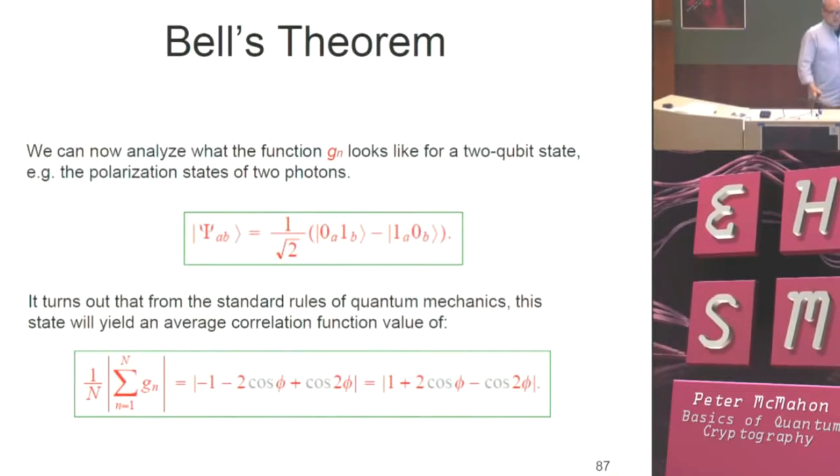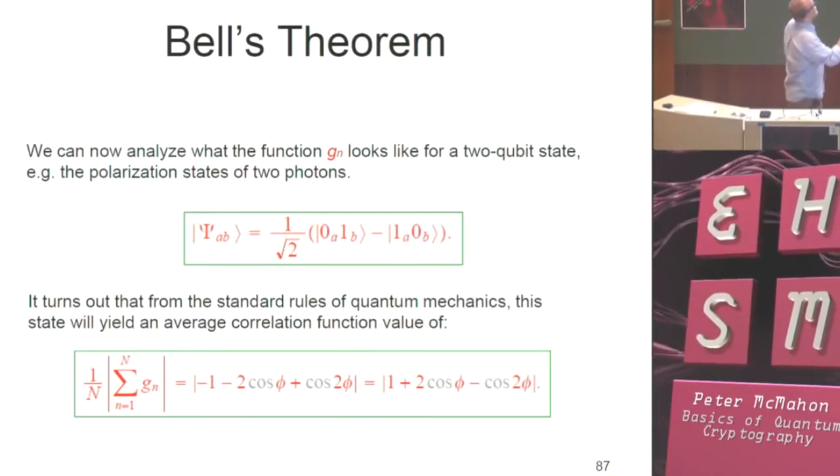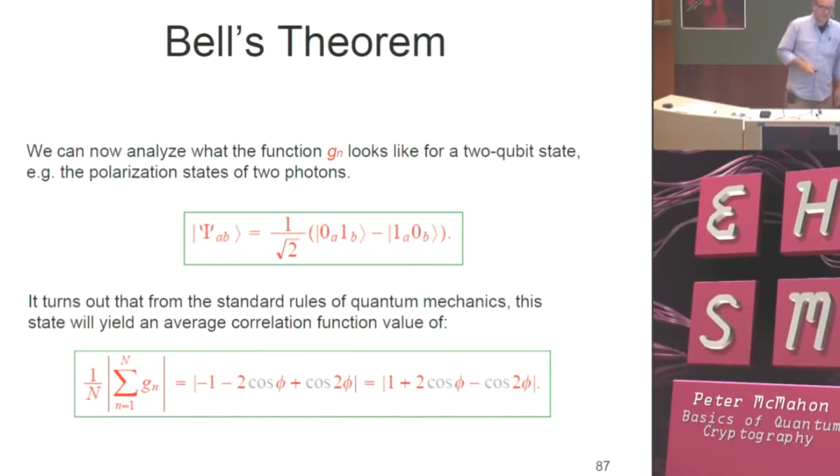It turns out that if you take a quantum mechanical state that looks like this, where if you think about the 0 and 1 as a polarization, where 0 is H and 1 is V, this is like an HV minus VH state. And you ask what this G function looks like if you do this experiment, sending this state to Alice and Bob.